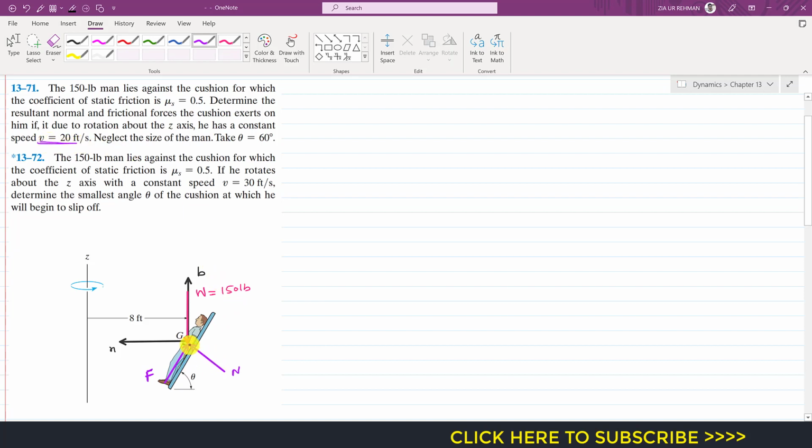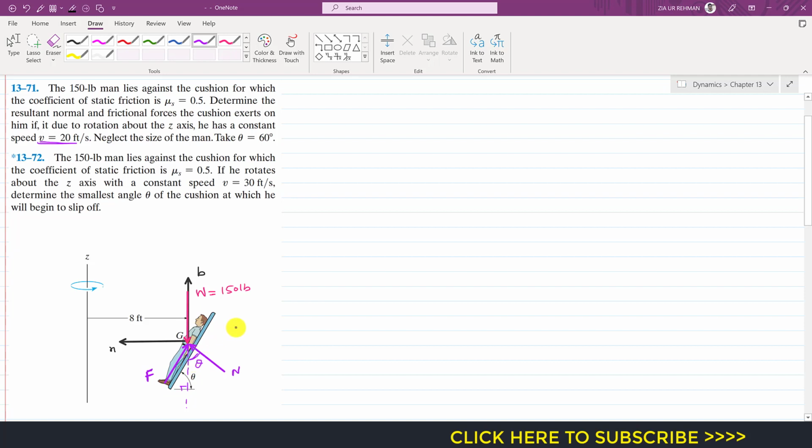Now if I extend that binormal axis, we can see that this binormal axis is perpendicular with this horizontal line, and this normal is perpendicular with this cushion surface. This means that the angle between the normal and the binormal axis is also that same angle theta which is given.